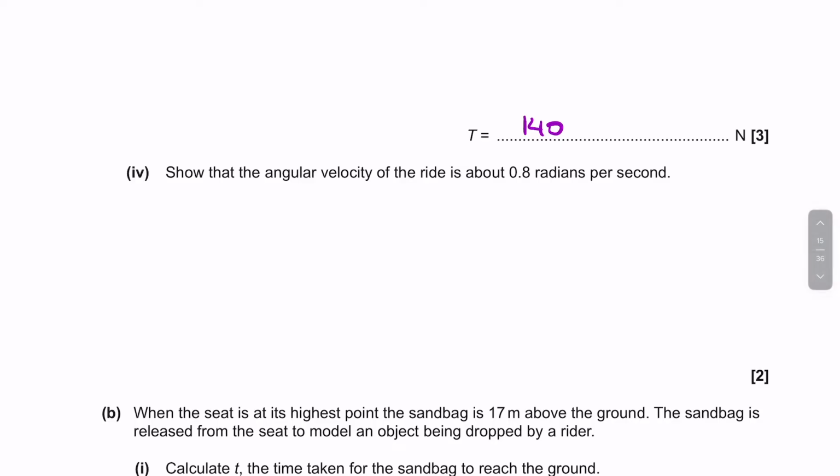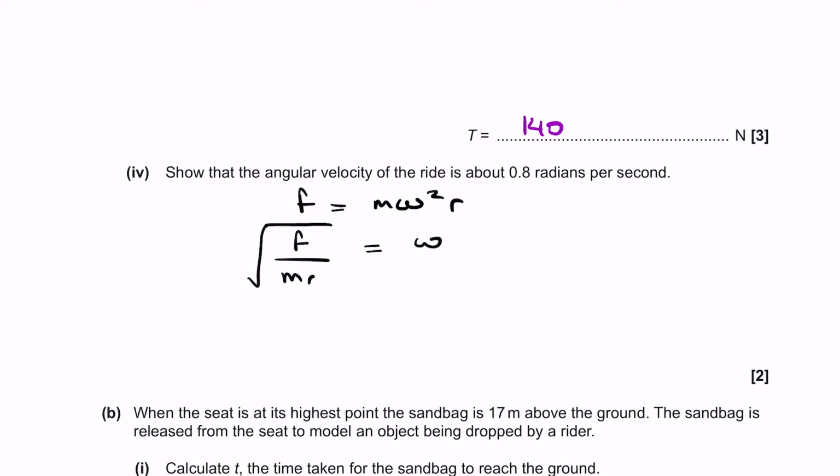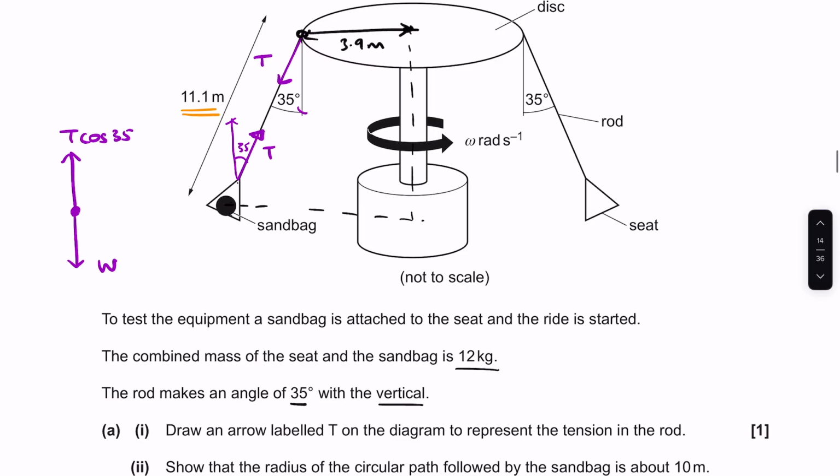Show that the angular velocity of the ride is about 0.8 radians per second. So that's to do with centripetal force. So we know F is equal to m omega squared r. So omega is the square root of F divided by m times r. Now the centripetal force is provided by the horizontal component of the tension, acting like so.